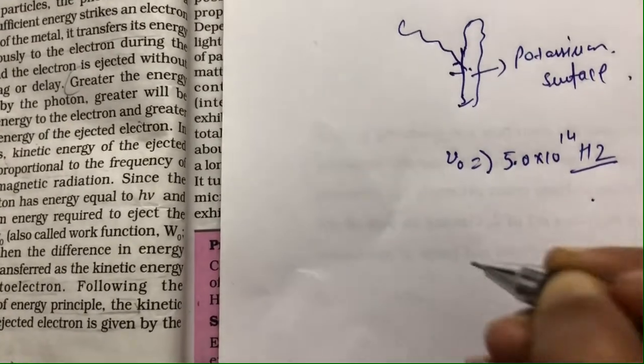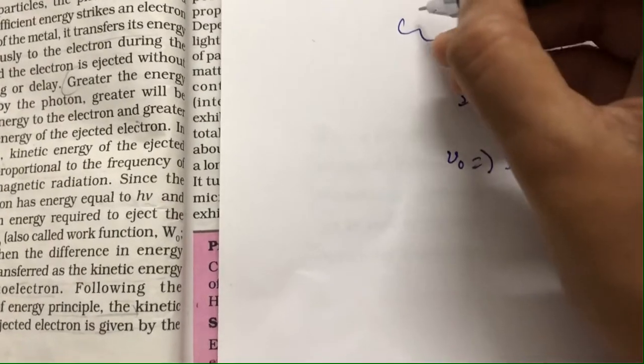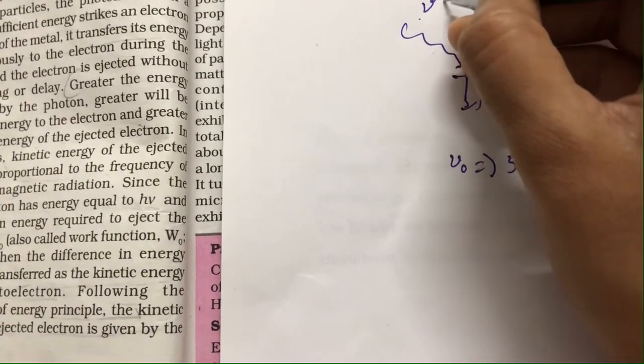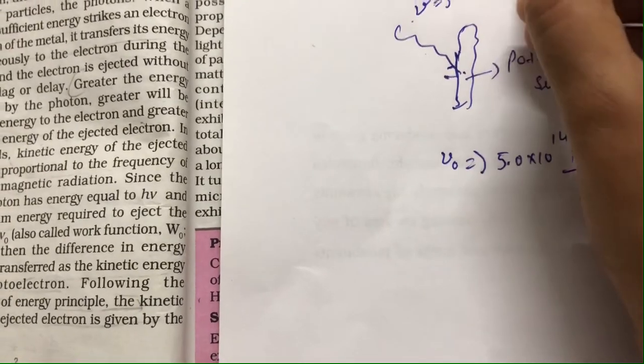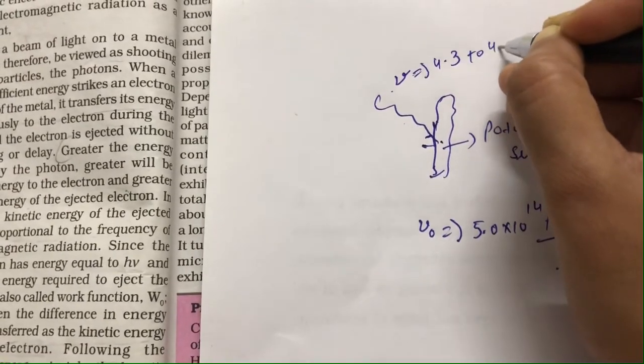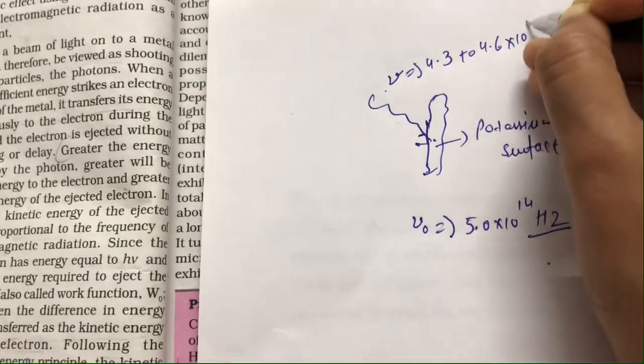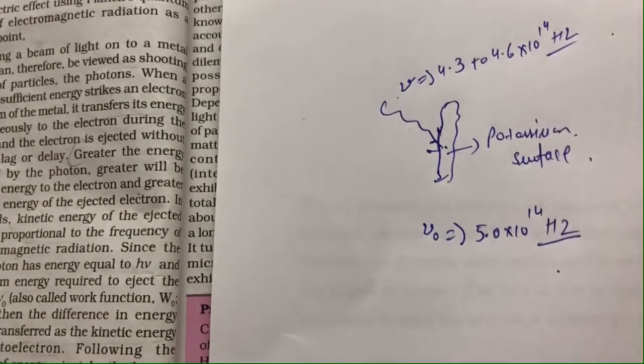Clear? But in case of red color, the value of nu will be 4.3 to 4.6 into 10 raised to power 14 hertz. Clear?